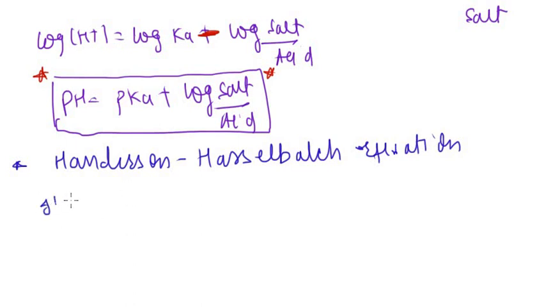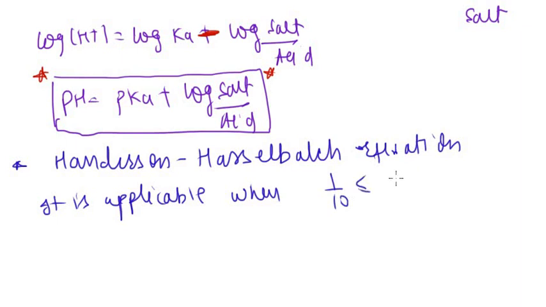So it is applicable when 1/10 is less than salt upon acid concentration and it is less than 10. So that is how we calculate the pH of a solution, with the ratio of salt upon acid between 1/10 and 10.